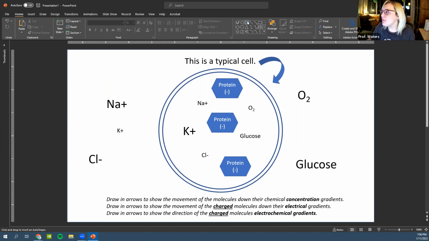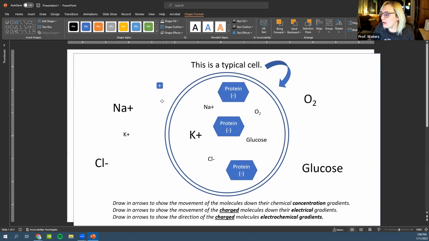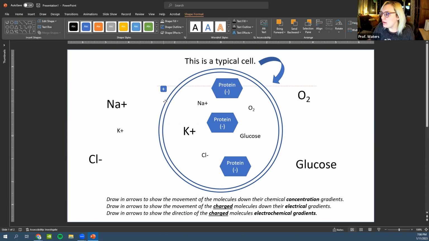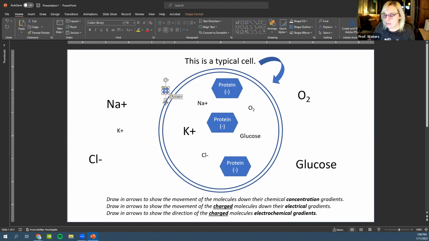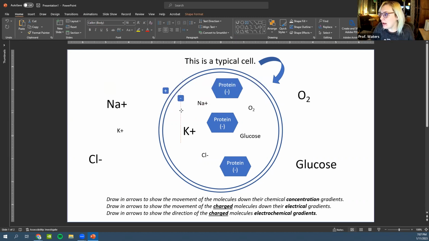And what I would do for this is just to write in, if it is positive on the outside, and negative on the inside. Okay, and I would use different colors, but I just wanted this to be a quick video. And then draw which way the ions would want to flow.